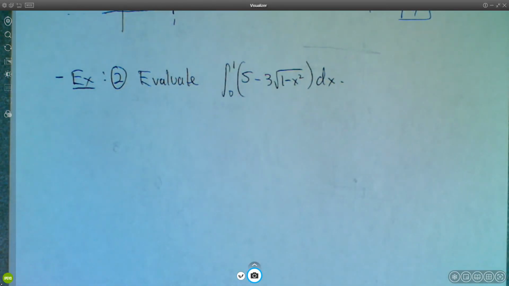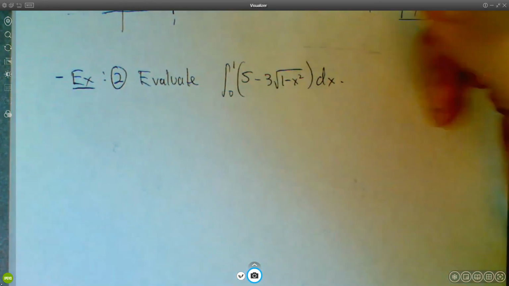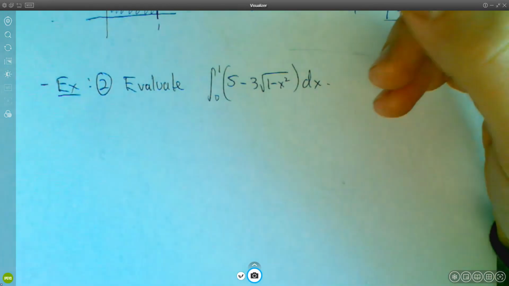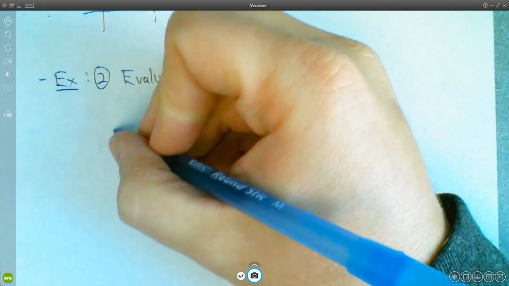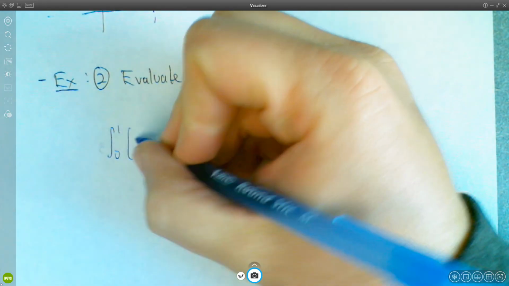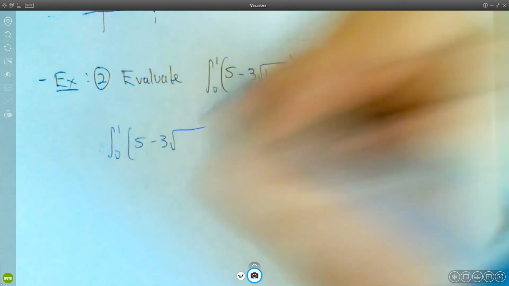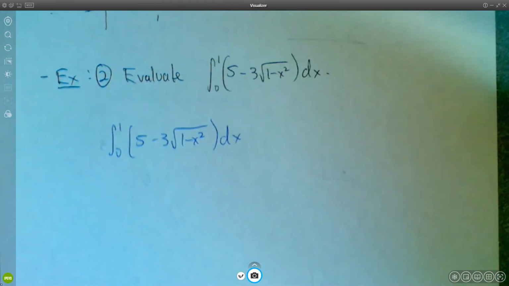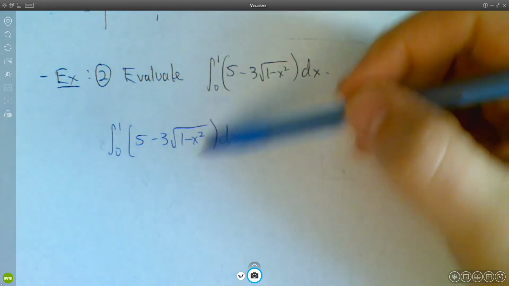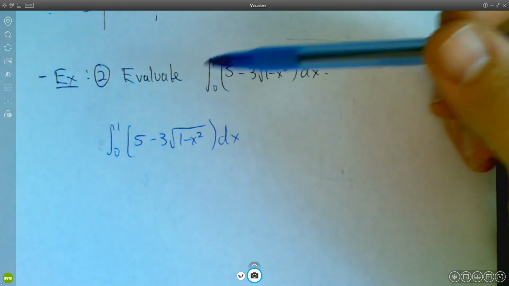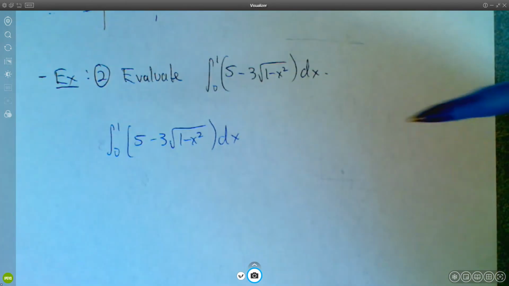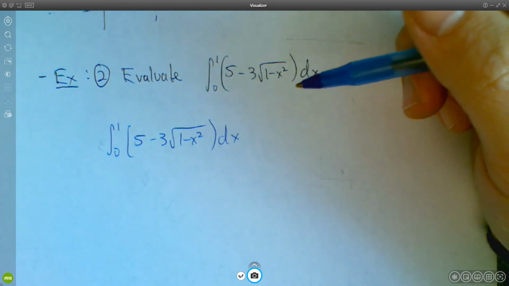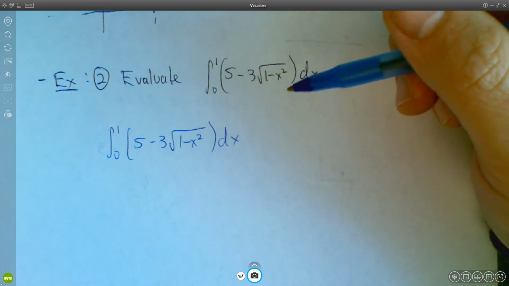Okay. Well, we can use the facts that we just saw a second ago, right? I don't necessarily know what this thing looks like. It's probably some kind of semicircle that's been shifted around and kind of stretched out in weird ways, but I don't want to have to sit around and try to figure it out.